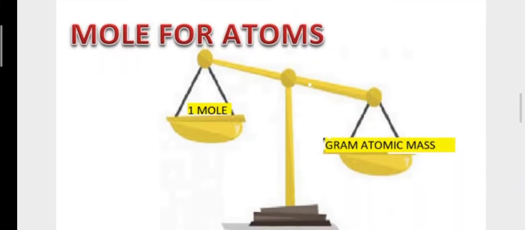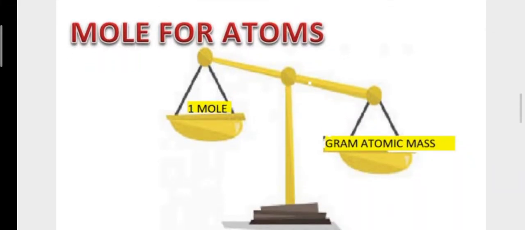What is mole for an atom? A mole of atom is defined as the amount of substance, that is element, which has mass equal to gram atomic mass. So you remember what is gram atomic mass?